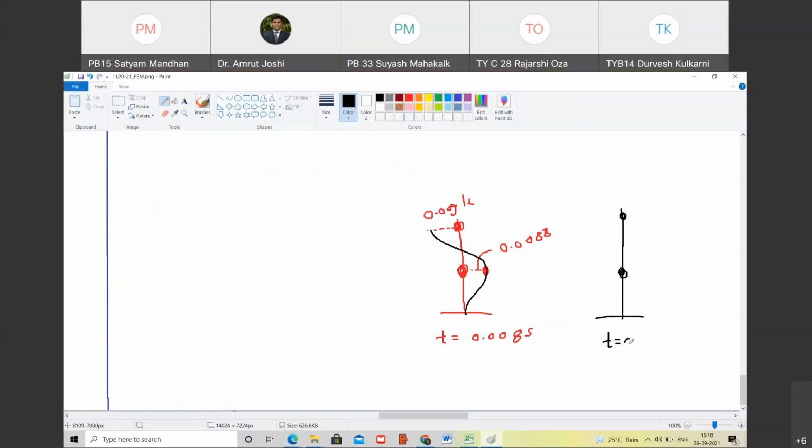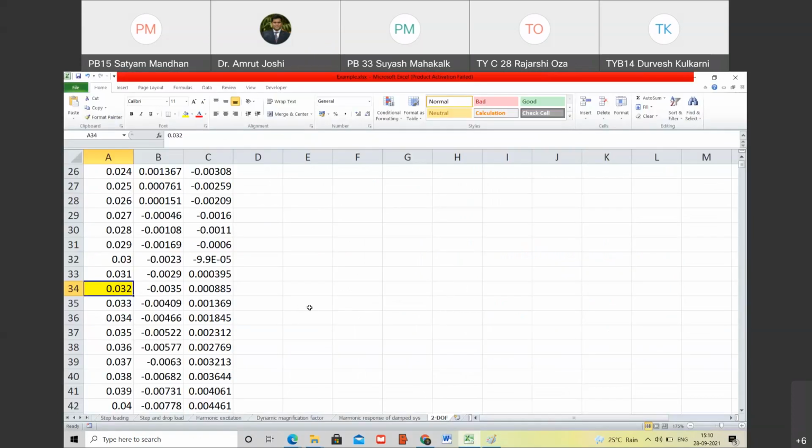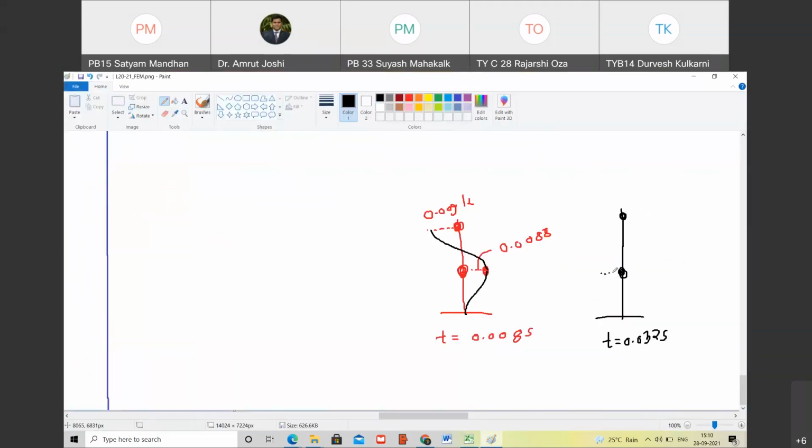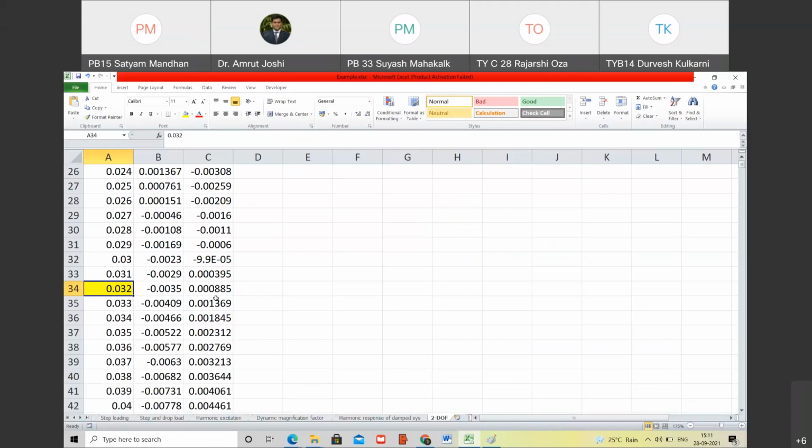Equal to 0.032 second. Where is M1? It is towards left by amount minus 0.0035. And where is M2? It is at plus 0.000885. So this is 10 folds lesser magnitude than 0.0035.